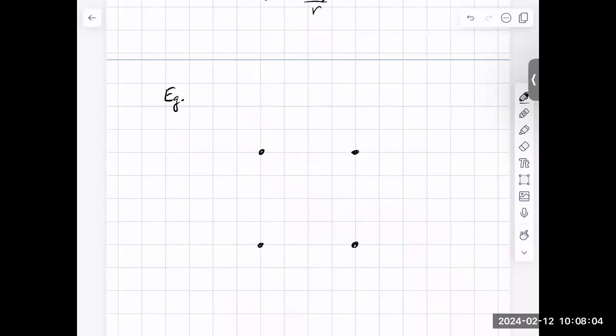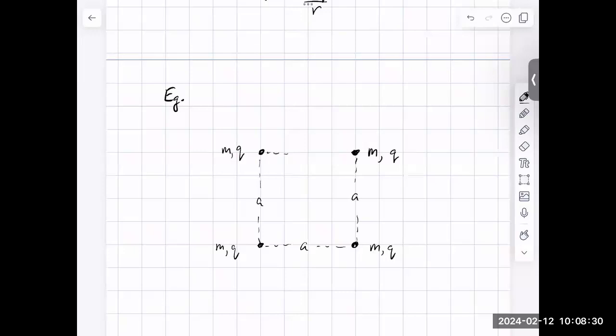So here are 4 point charges arranged in a square pattern. I'm going to say that these particles all have mass m and charge q. And so these are all identical particles. And they're initially spaced so that the distances between them are all a.